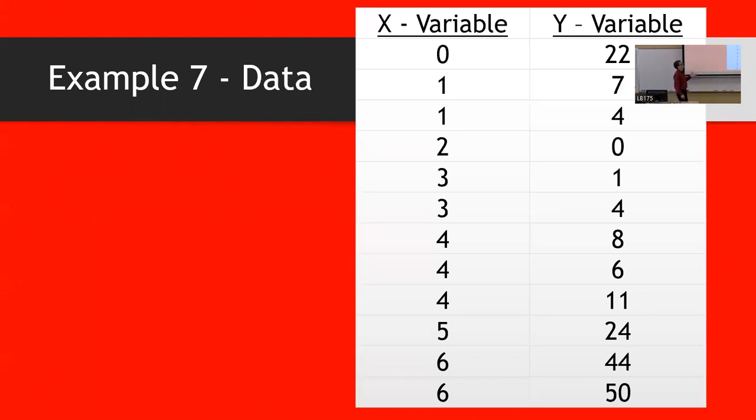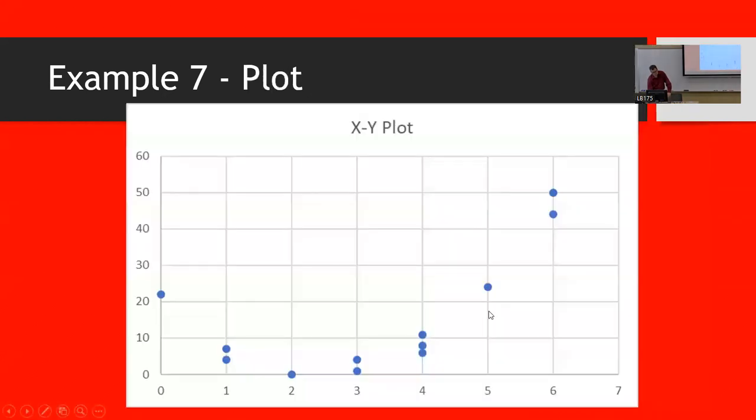Here's another example. I have these data as ordered pairs. 0, 22; 1, 7 is an ordered pair; 1, 4 is an ordered pair; 2, 0 is an ordered pair. If you graph this out on a scatter plot, which is in your notes, you get this.